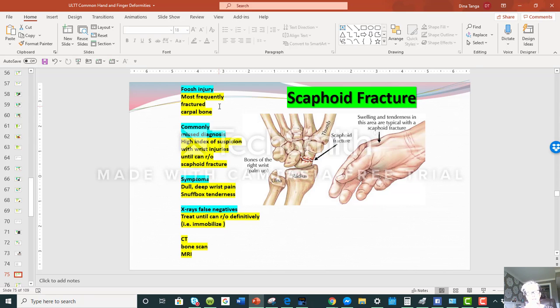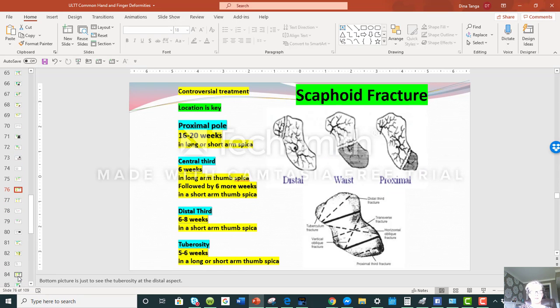Symptoms are dull, deep wrist pain, snuff box tenderness. X-rays, false negatives. Treat until you can rule out definitely. CT, bone scan, MRI. Controversial treatment. Location is key.